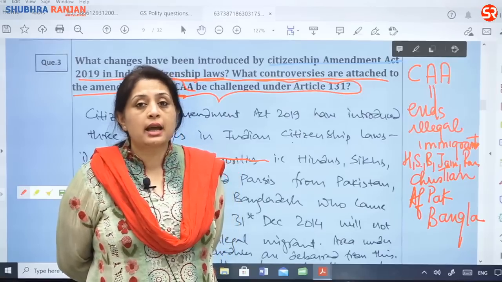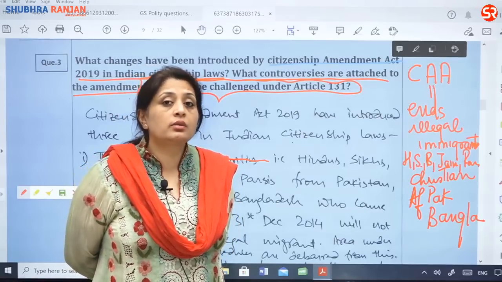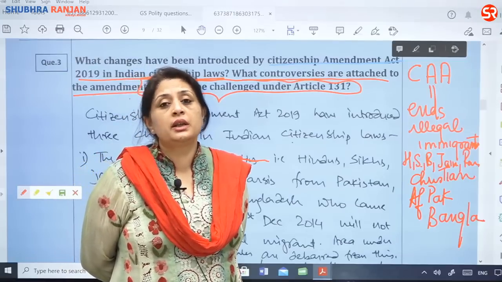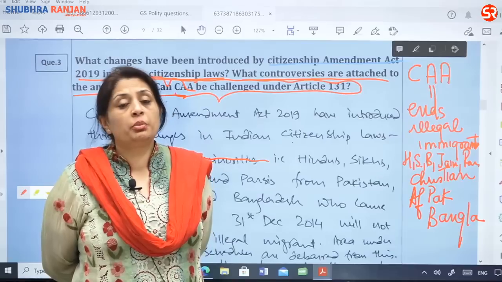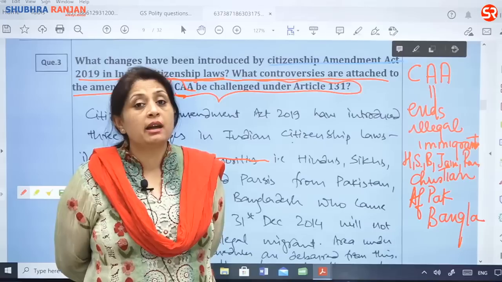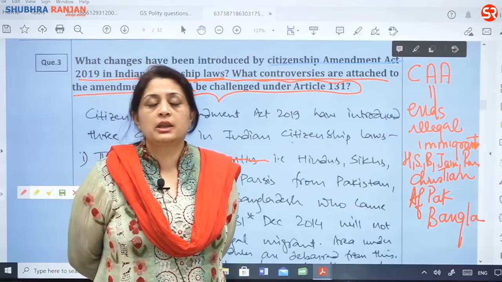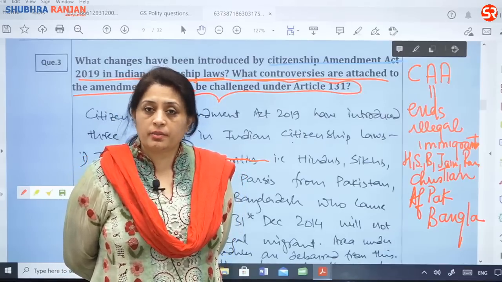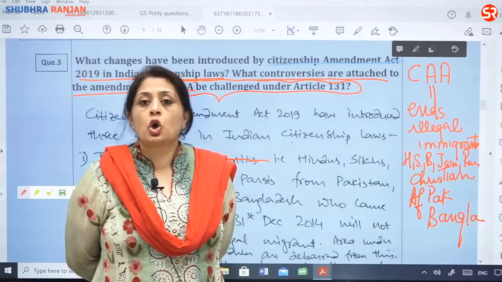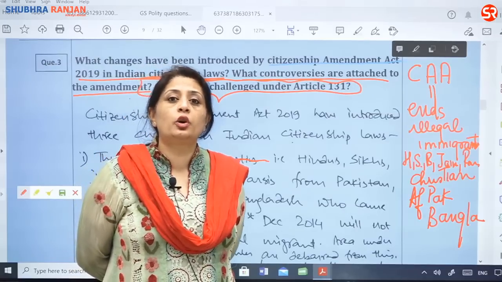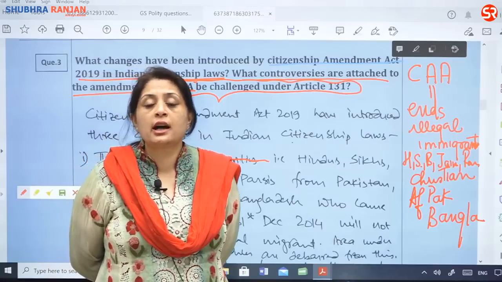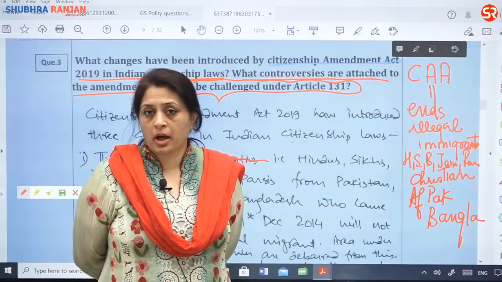So it is held that this particular law is discriminatory against the Muslims, because Muslims, like in Pakistan, the Shias and Ahmadiyas, have also been subjected to religious persecution. Then it is also putting a question mark on why it does not include the Tamilians from Sri Lanka or Rohingya Muslims from Myanmar. Fine.